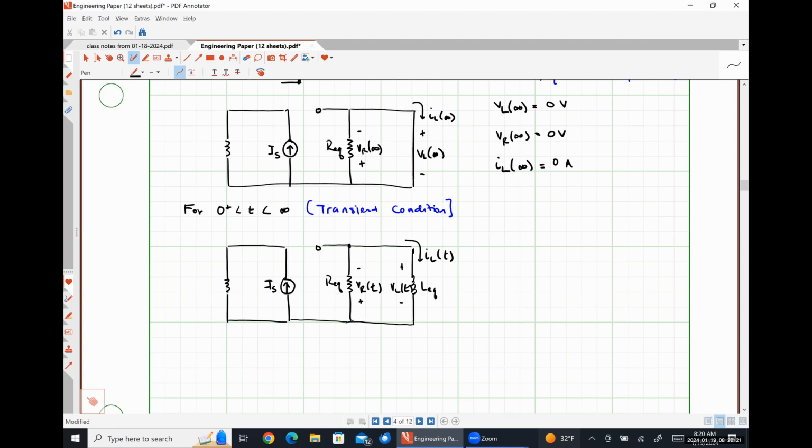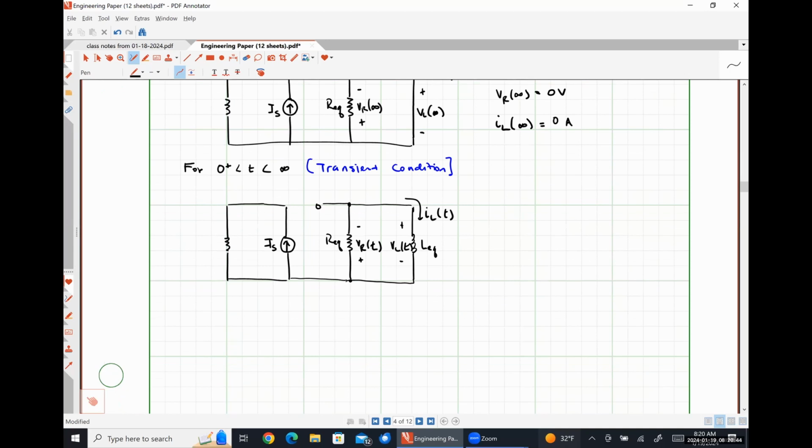So because we're dealing with a wide range of time, it's not going to be obvious what VR, VL, and IL are going to be, right? Because we're looking for functions here. So we're going to have to go back to our roots. And by that, I mean we're going to apply Kirchhoff's voltage law to figure out what's going on, right?